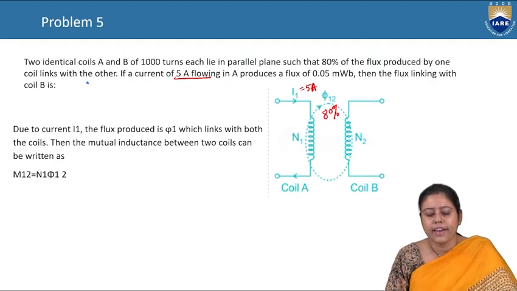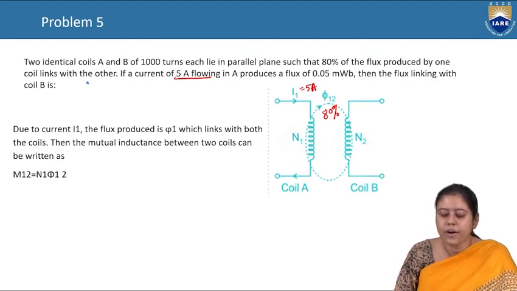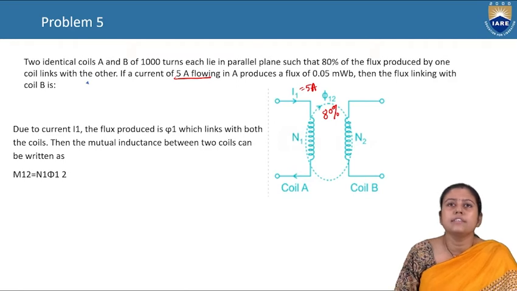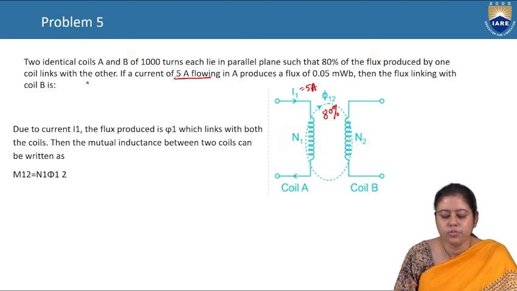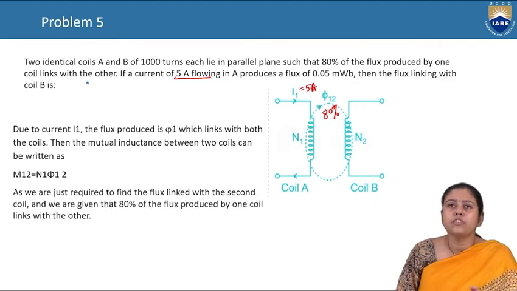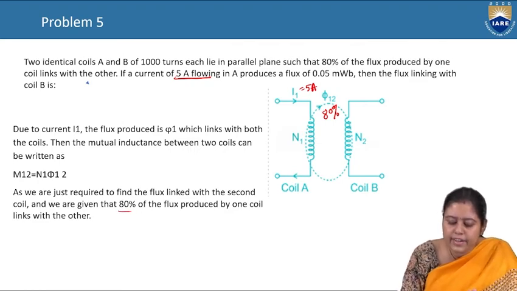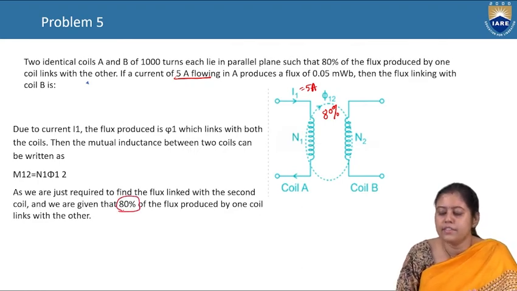So we can write M12 is equal to N1 into phi12. Due to current I1, the flux produced is phi1, which links both the coils. As the total is not linking, only 80% of the flux is linking.